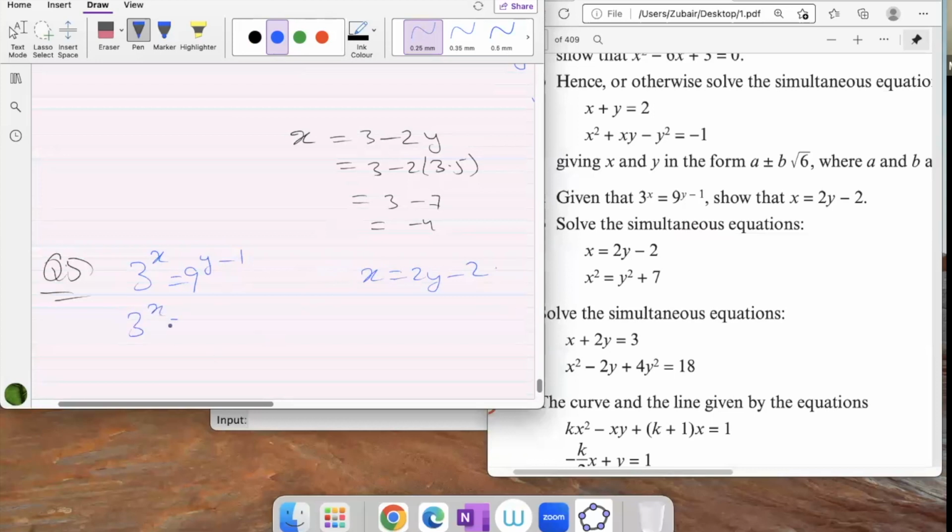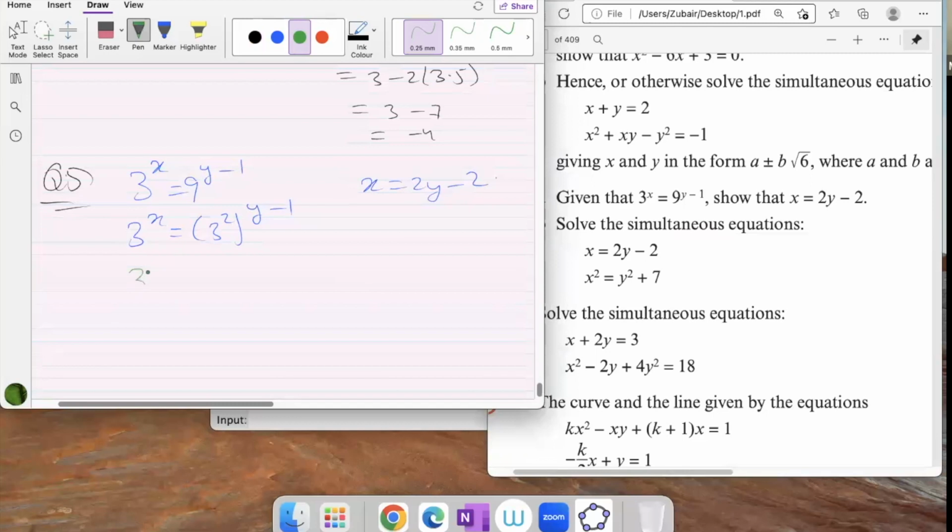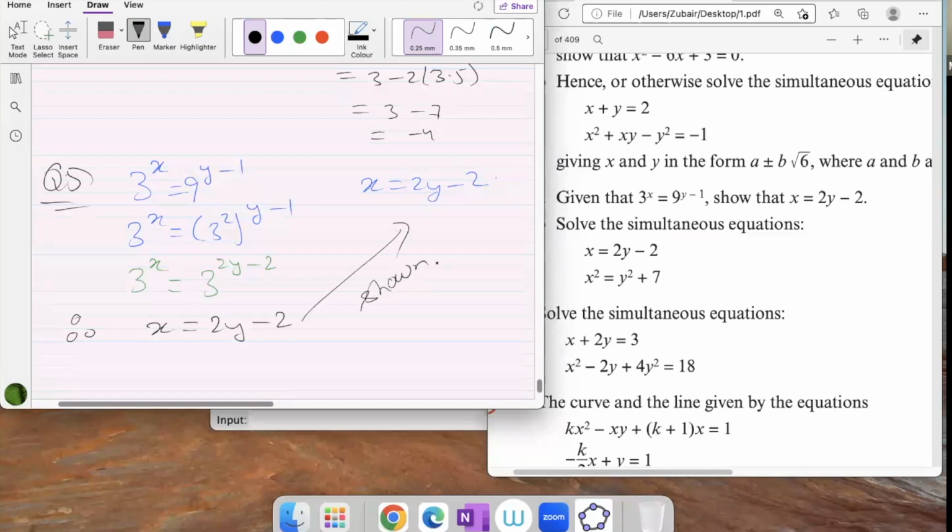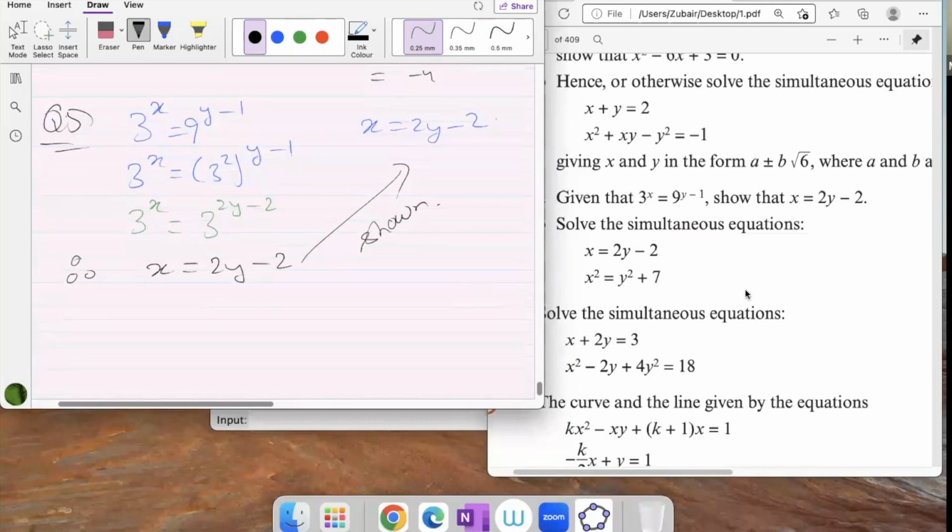So if I say 3 raised to the power x equals 3 squared to the power y minus 1, and then 3 raised to the power x equals 3 raised to the power 2y minus 2, then we go for the comparison of powers. So that is shown first. The second equation is already given: x squared plus y squared equals y squared plus 7.